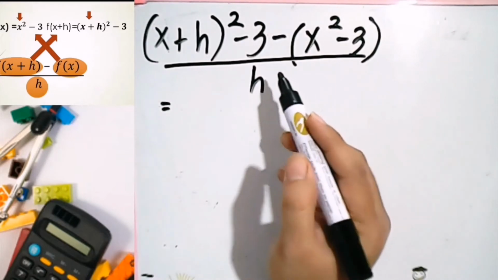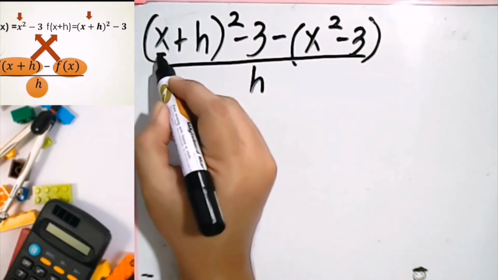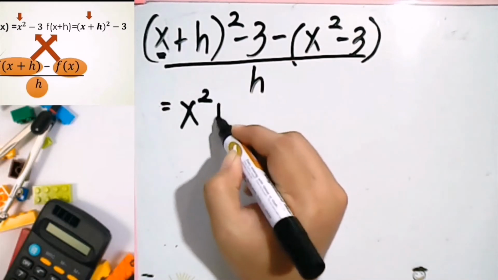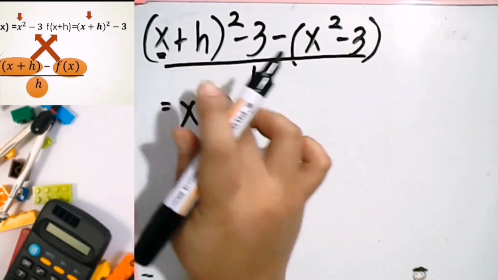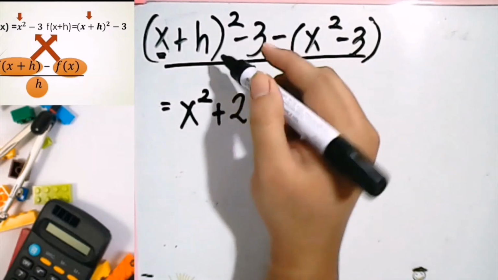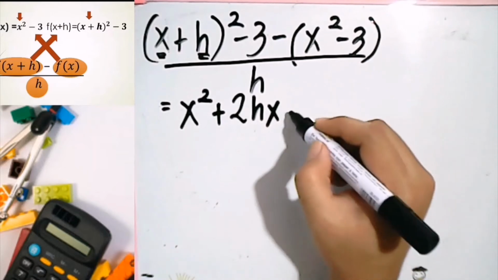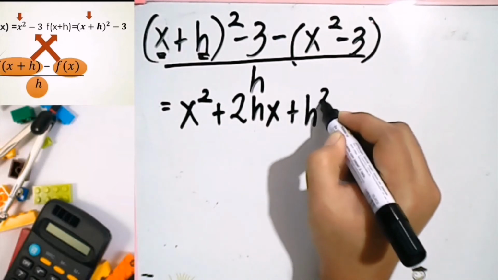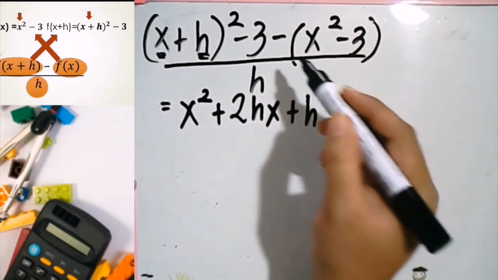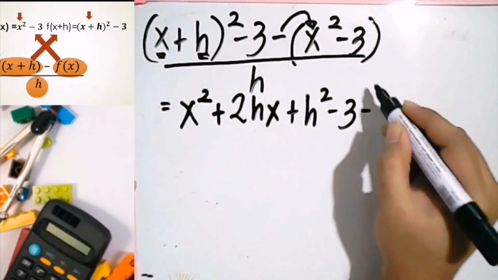Now, since we have an equation like this, what we will do is get the square of the first, which is x squared, and then twice the product of the first and the last, which is 2hx, and then the square of the last term, which is h squared, and then subtract 3. Distribute the sign. Since this is negative, this will become negative x squared.